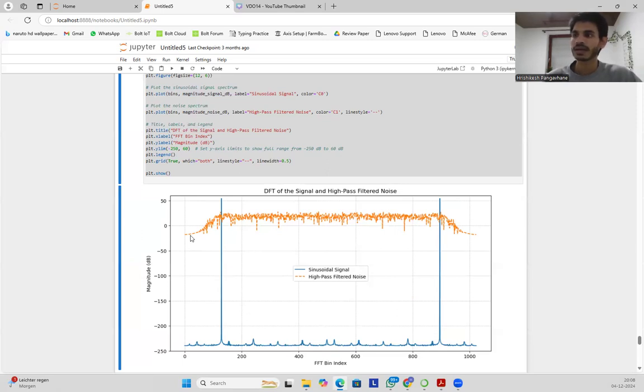Due to this phenomenon, the FFT leakage is seen in this portion of the noise. Ideally this noise should go to zero, but it is not going to zero; it is showing its FFT leakage and the bins are being occupied.